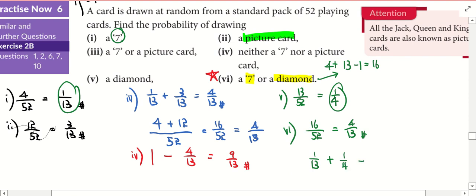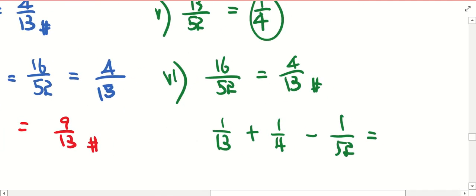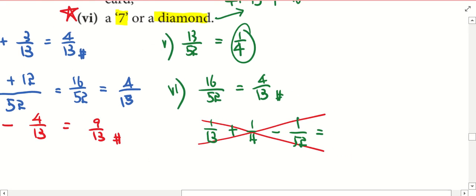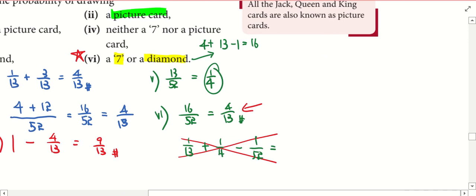But you minus off the probability that it's going to be a diamond as well as a 7, and that is 1 over 52. Okay? But this one, I don't like the answer. I don't like this way of presenting, so I will strongly discourage this one because it's quite confusing. So I'd rather you count the double count one, just subtract 1. Alright?